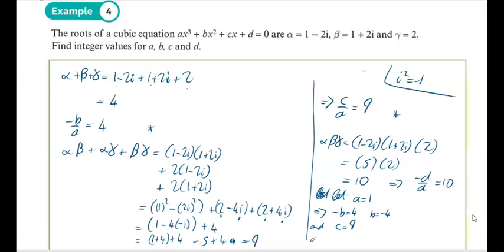And also, if you let your a equal 1, you get minus d is equal to 10, which means d is equal to minus 10. Read the question. It says find the integer values for a, b, c, and d. And we've got them. We didn't actually need to change these ones. We've now got these in integer value form. Happy days.